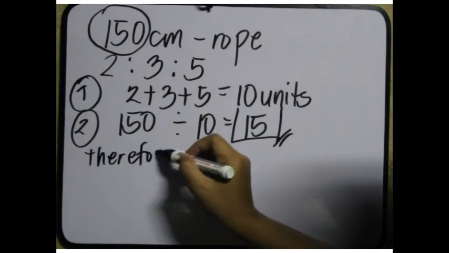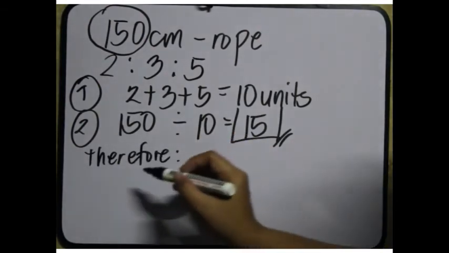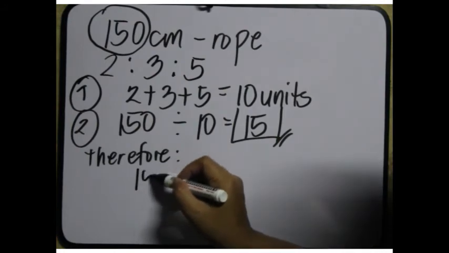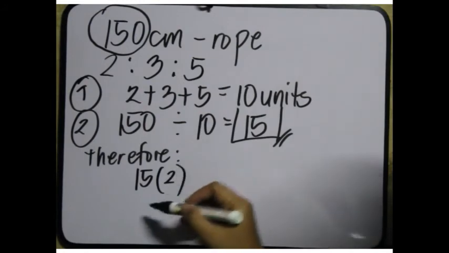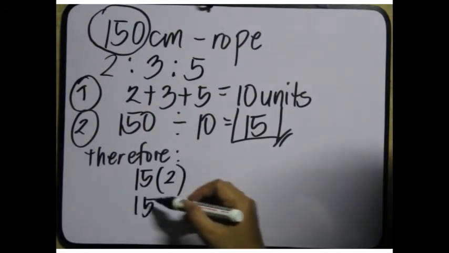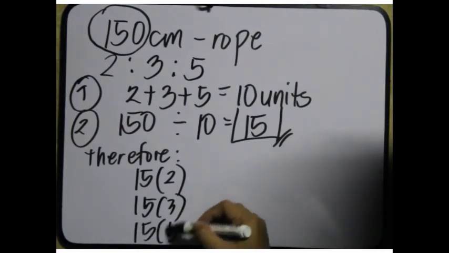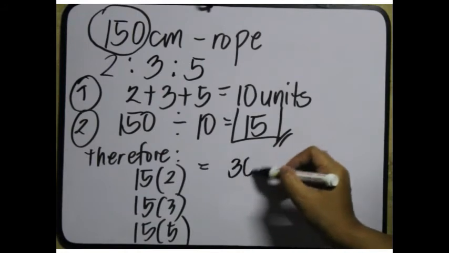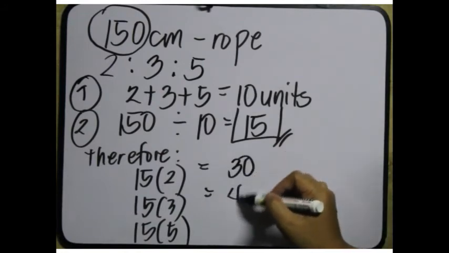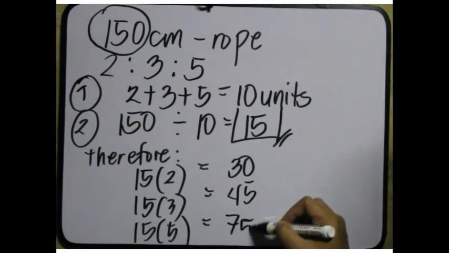Therefore, to find each length, we need to multiply 15 times 2, 15 times 3, 15 times 5. Okay, so 15 times 2 is 30, 15 times 3 is 45, 15 times 5 is 75.